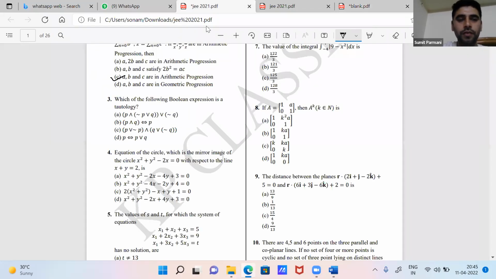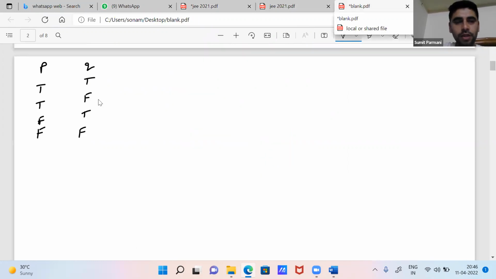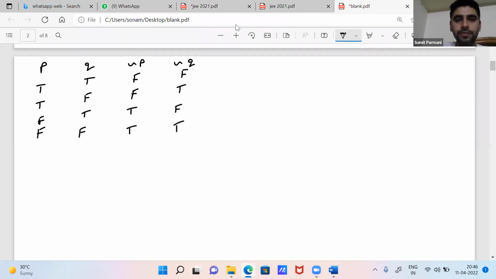Third thing we have negation of P, and fourth thing we have negation of Q. Negation of P is false, false, true, true. Negation of Q we have false, true, false, true.